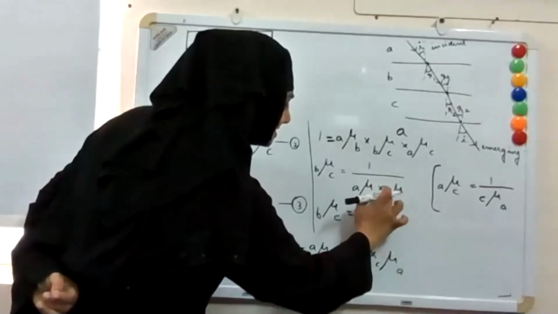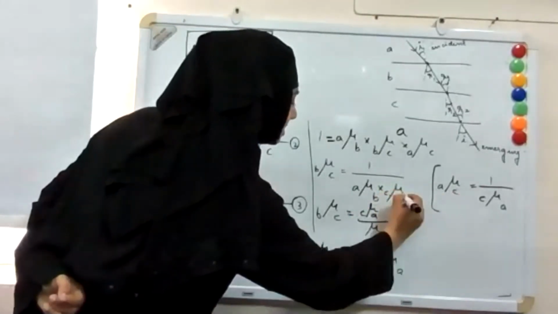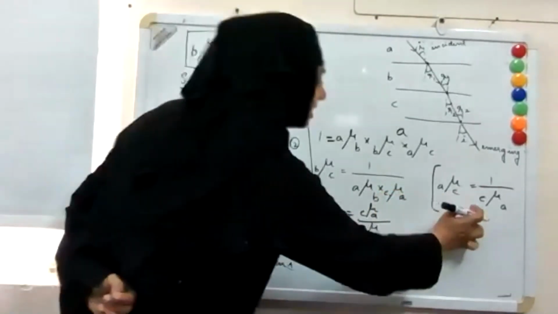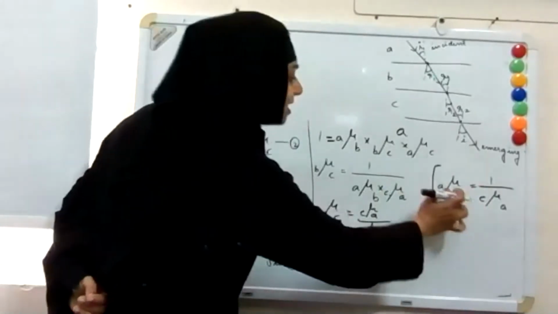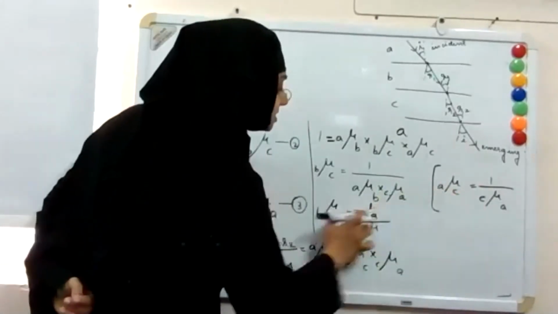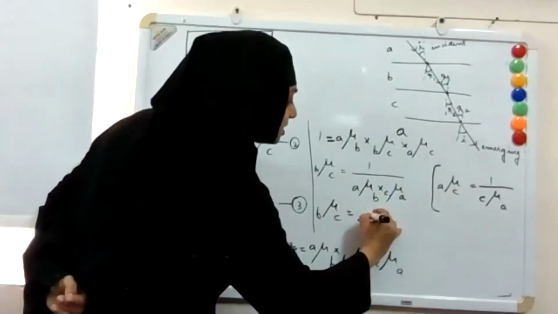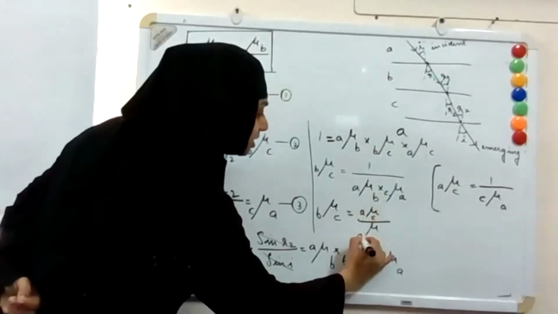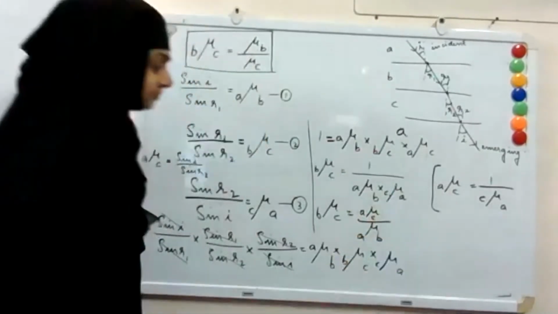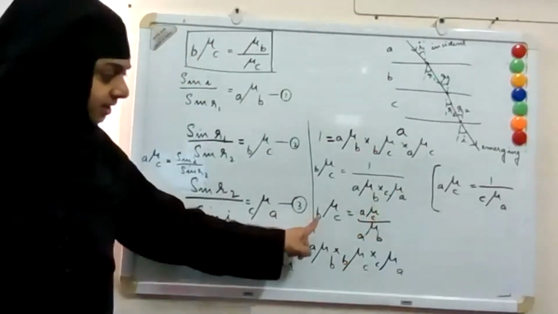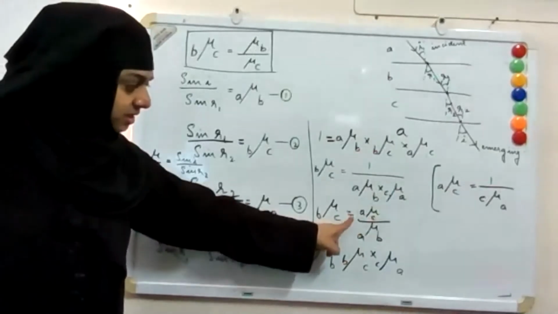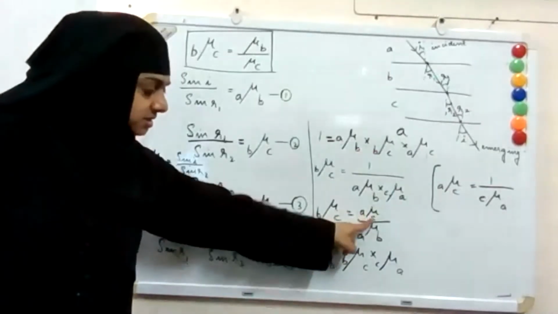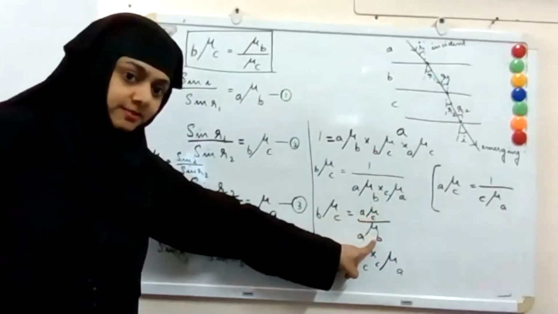I wrote it as AC. That is the mistake. Mu CA. So 1 by mu CA, I can write it as mu AC. And here what is remaining? Mu AB. Is this clear? Mu BC is equal to mu AC by mu AB.